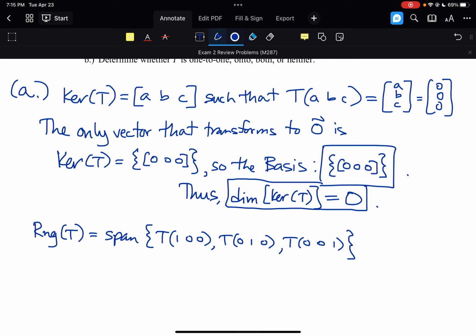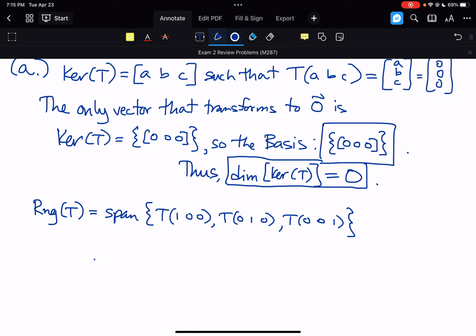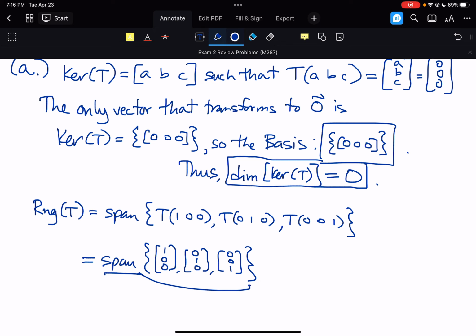It can be any basis for M13, but the standard basis really is the best and the simplest way to go. So if we transform each of those, we do so by taking the transpose of them. So really we're just turning them from rows into columns. So we get 1, 0, 0, 0, 1, 0, 0, 0, 1. So the range is the span of these.